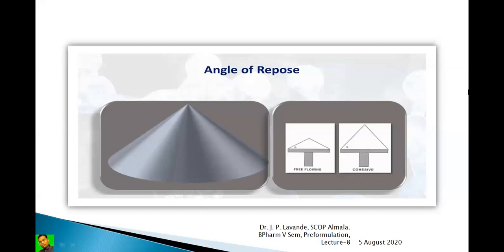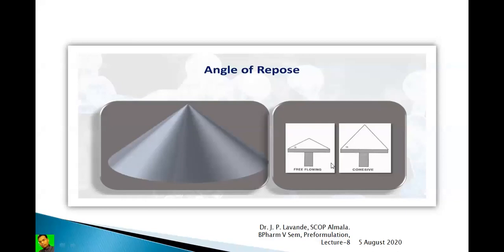Now, when the powder flows through the funnel, it forms a conical heap like this, as shown on the board. You can see in this region that here it is showing the powder with the free flowing property, and here the powder with the poor flow property, or cohesive nature.